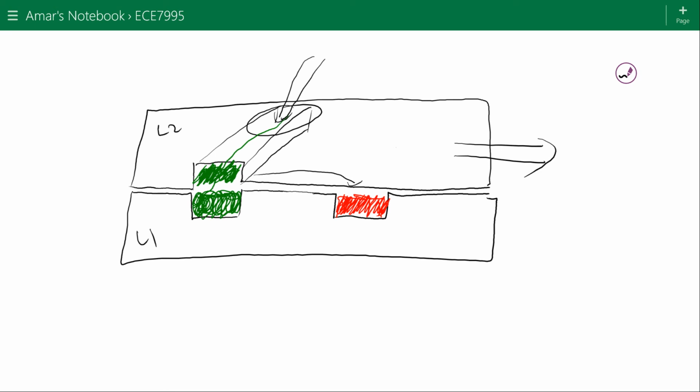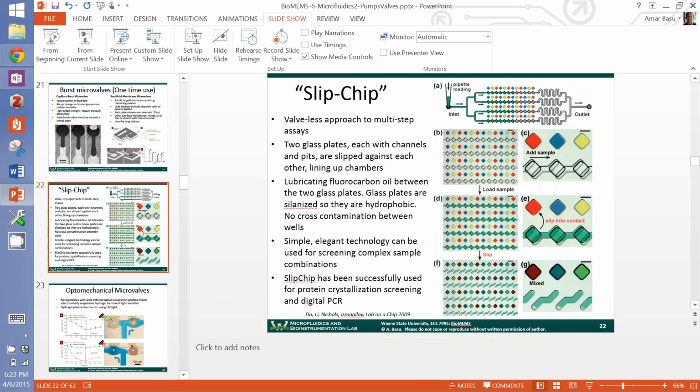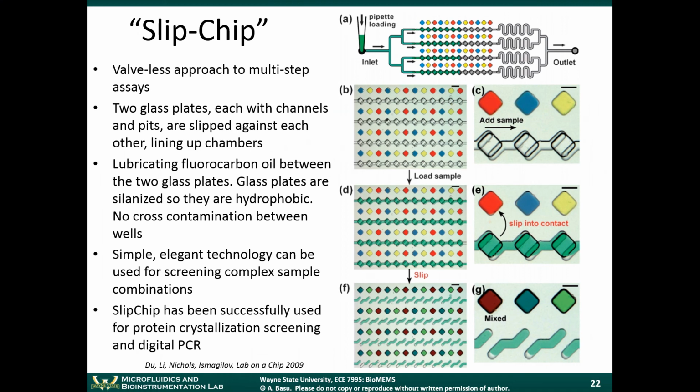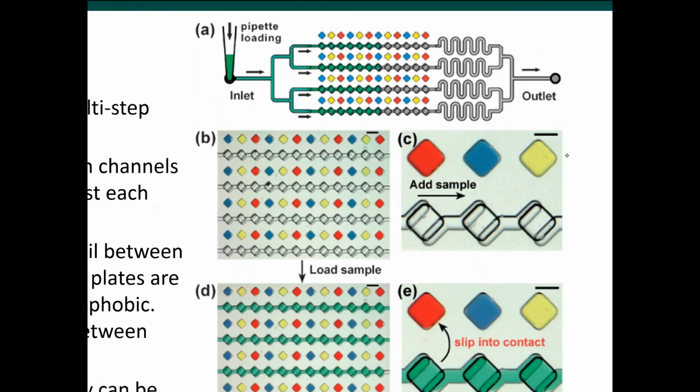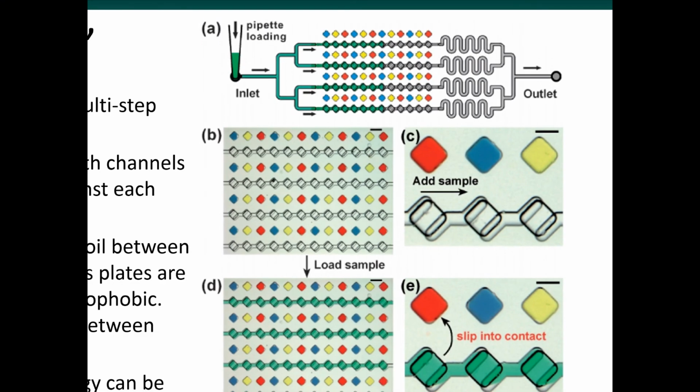It's a very simple concept, but they've really taken this idea and expanded it to do some very interesting things. Those two layers that you see here, you can see that this green layer is being flowed from left to right across the chip, and it fills in some of those wells across the middle here.